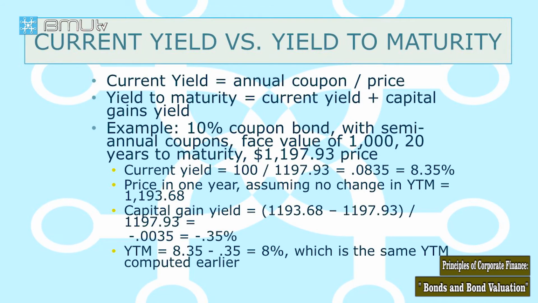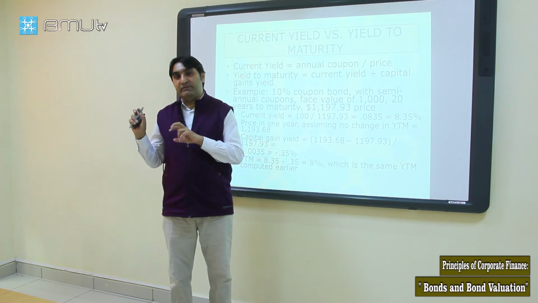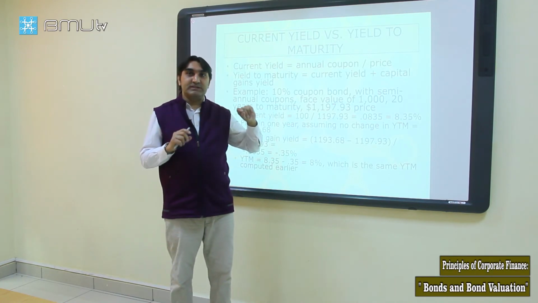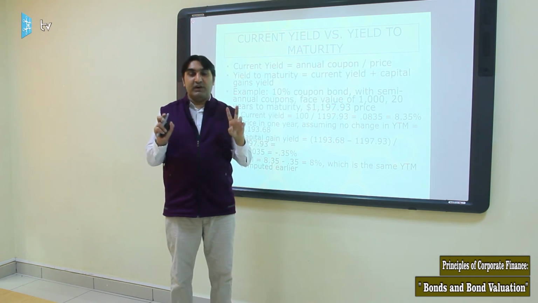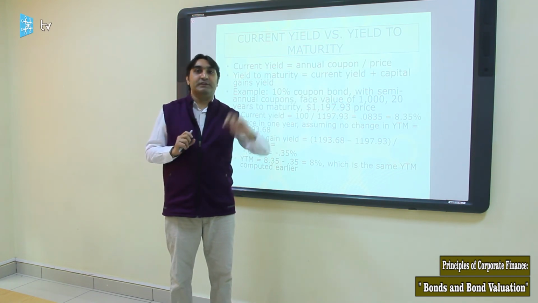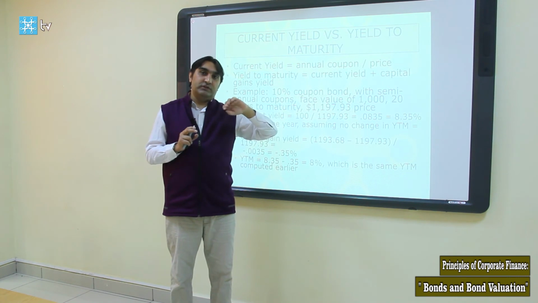Also, we have the concept of current yield, and current yield is different from yield to maturity. I said that yield to maturity is the average annual return if an investor holds that bond until maturity. It requires holding that bond until maturity.